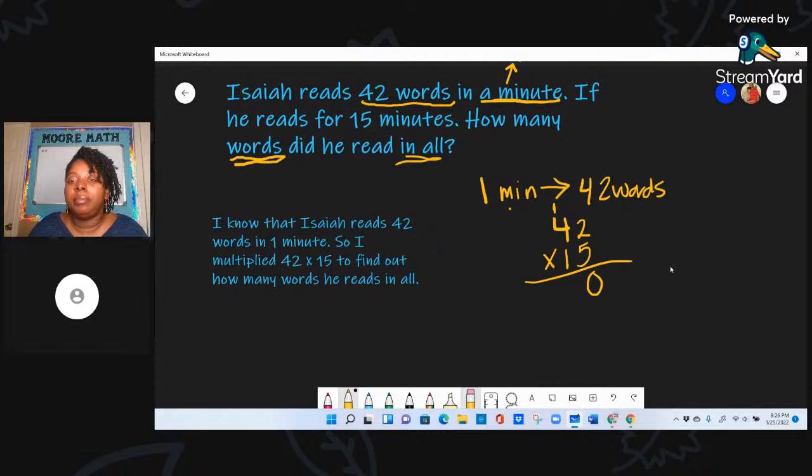Okay. 4 times 5? 20. Plus 1? 21. Good. Now we have our placeholder.